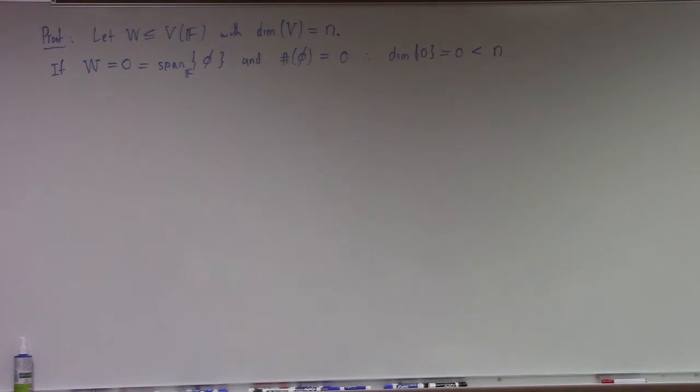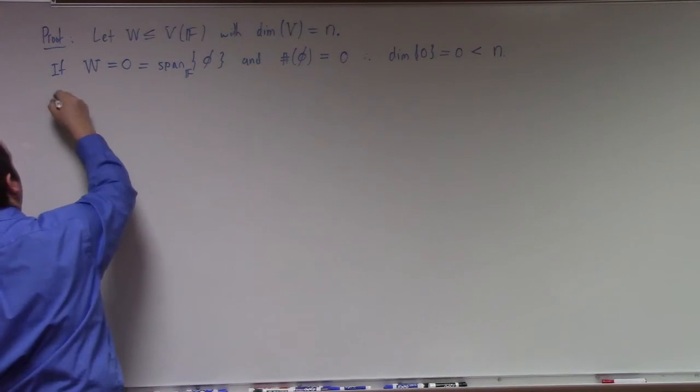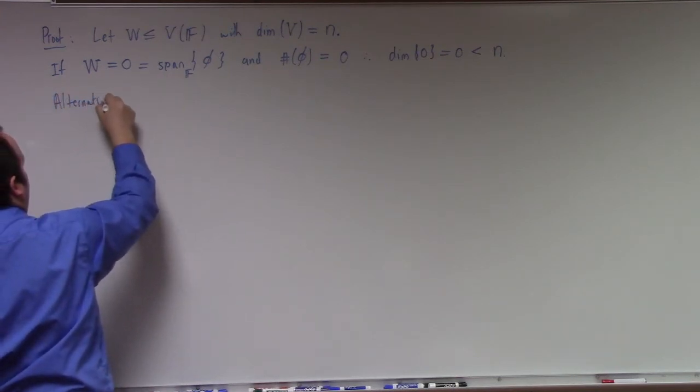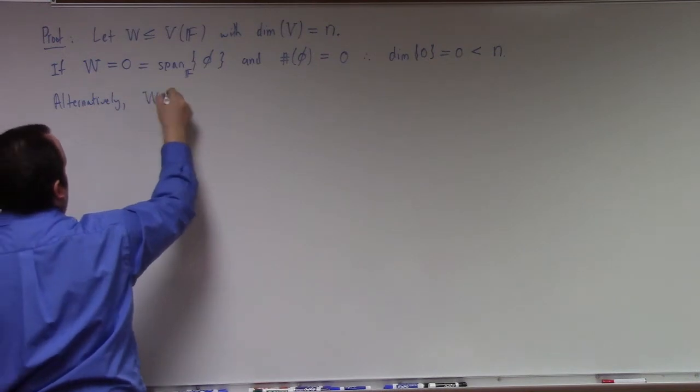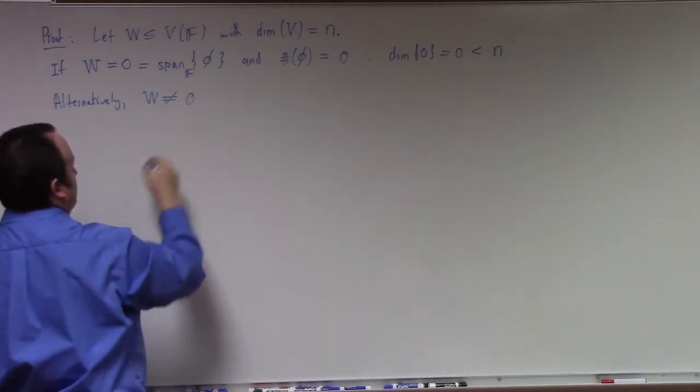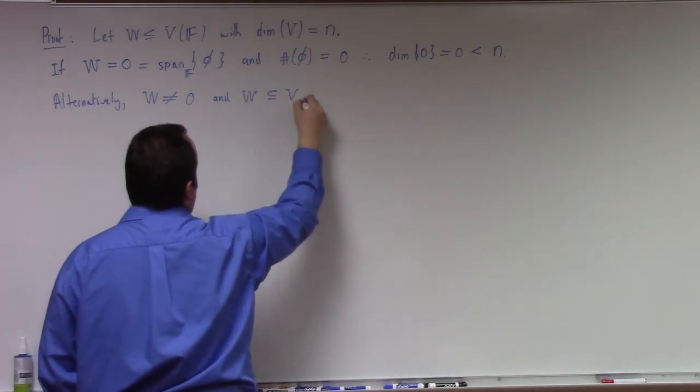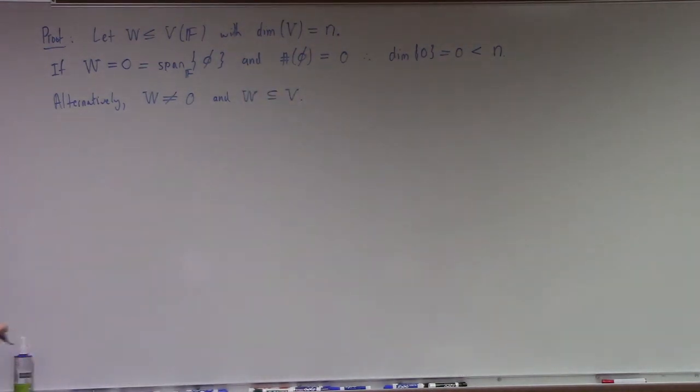What's the other possibility? Either W is 0 or what? Alternatively, what do we have? W is not equal to 0, right? And W is, of course, a subset of V, right? Could be equal in this case. Doesn't have to be a proper subset. Could be the whole set.